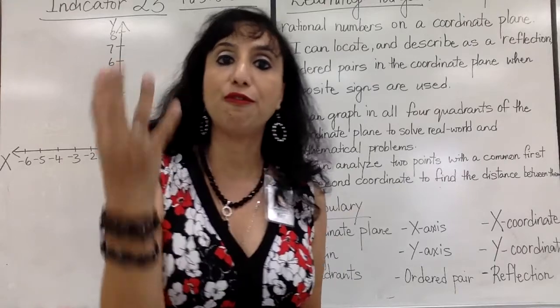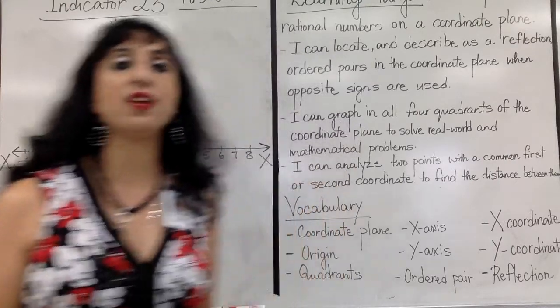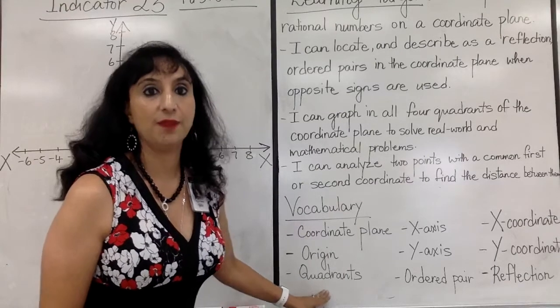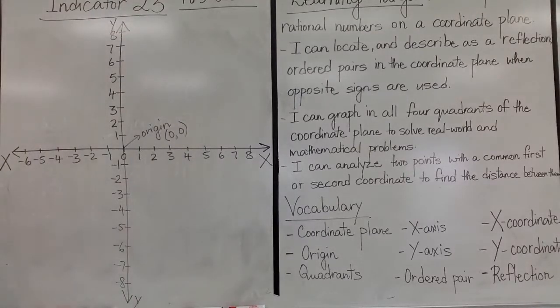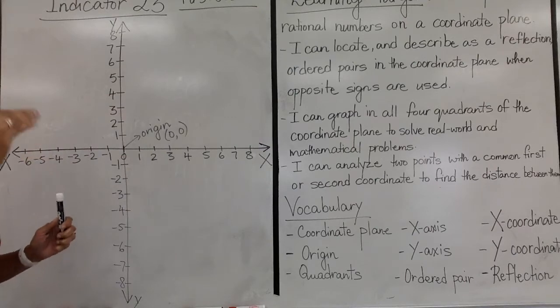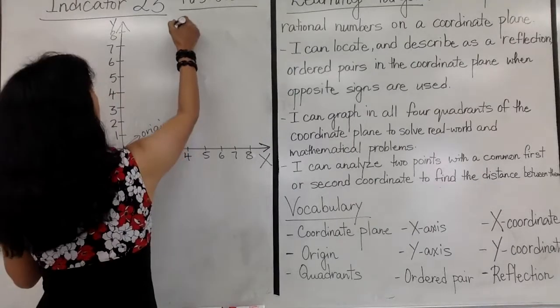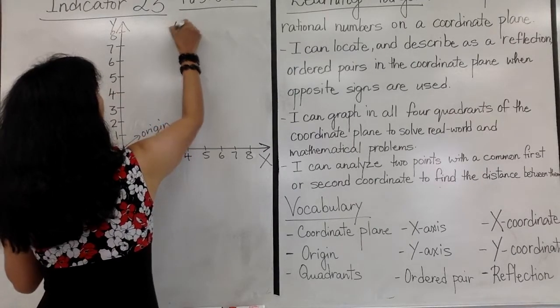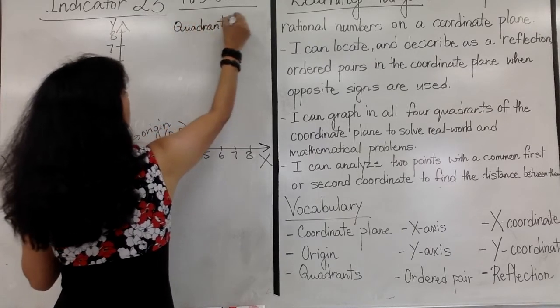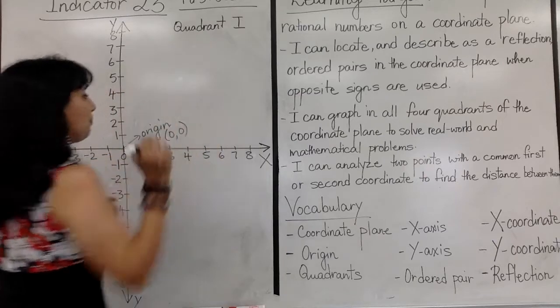Okay, quadro means 4. So there are 4 different sections over here. There are 4 regions, and these are called the quadrants. Okay, you always start at the top right because this is positive, positive. So here this is my first quadrant, and you write it in Roman numerals, quadrant 1.